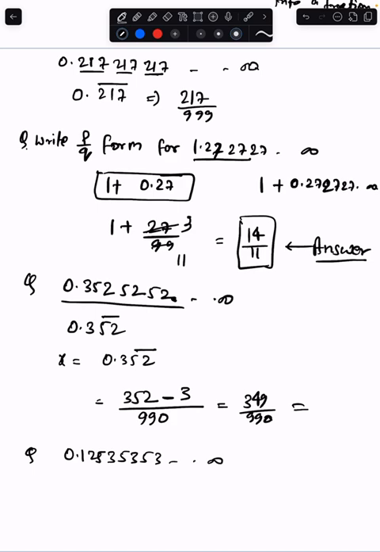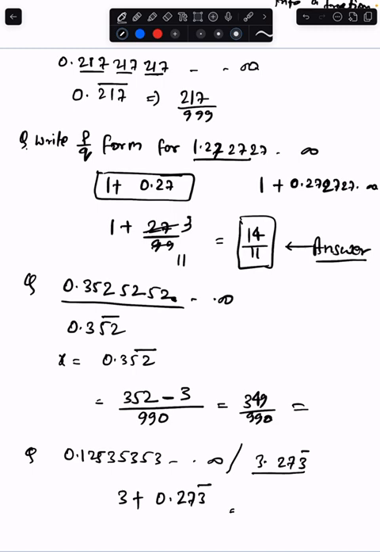And other questions like 3.273 bar, how will we solve this question? See, this is 3 plus 0.273 bar.